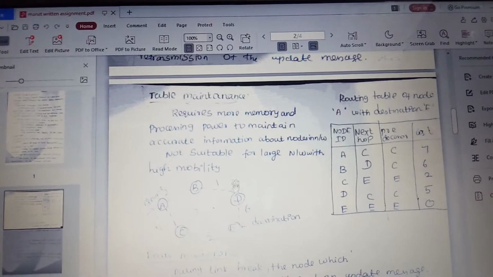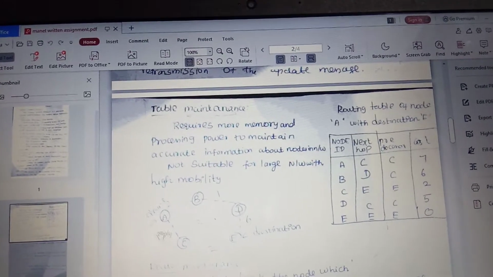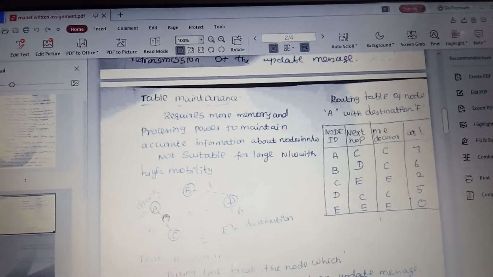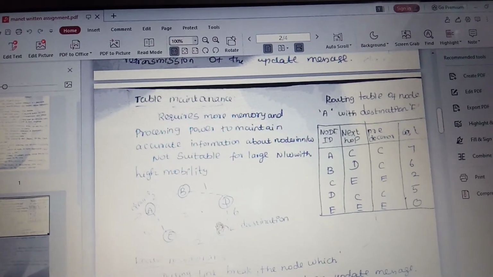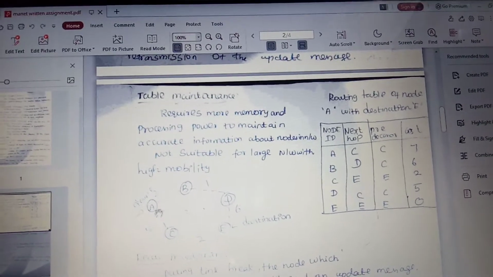First, this picture shows the wireless routing protocol. These are node A, node B, node C, node D, node E. Here A is the source and E is the destination. A to B, the cost is 2.